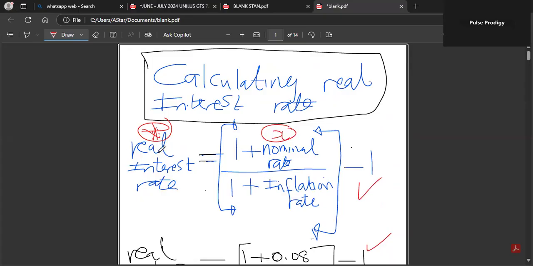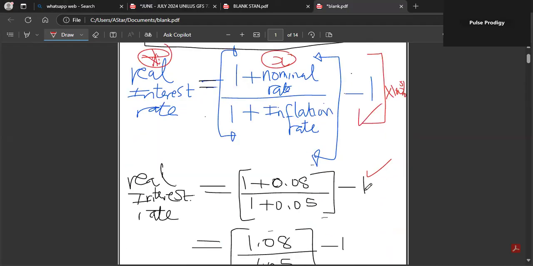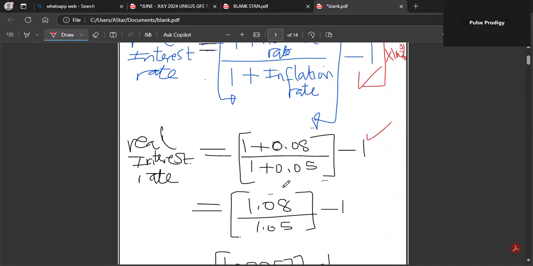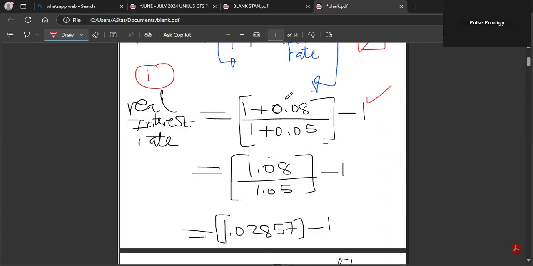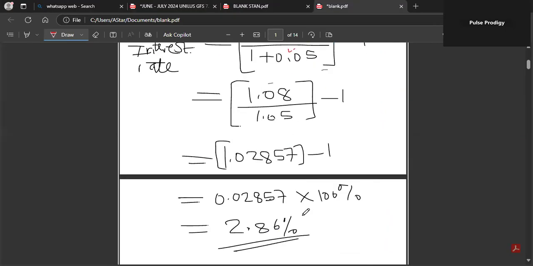If you want to find the real interest rate, you substitute the nominal rate and inflation rate, minus 1. Whatever you get here, you multiply by 100%. So this is how we found the real interest rate, the first one. This one was given, and this one was given. So we found 2.86% as the real interest rate.